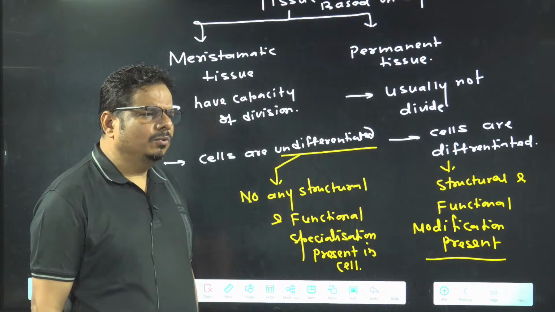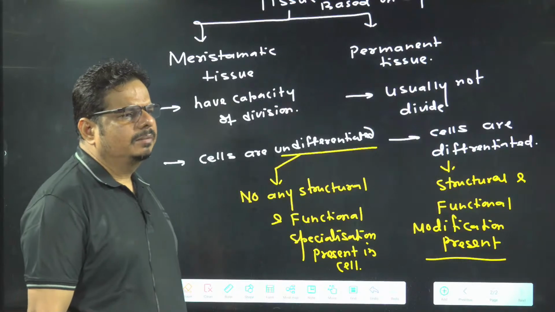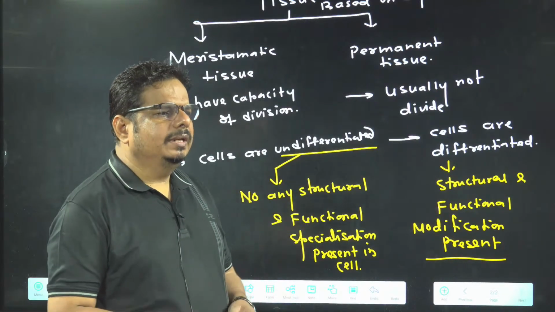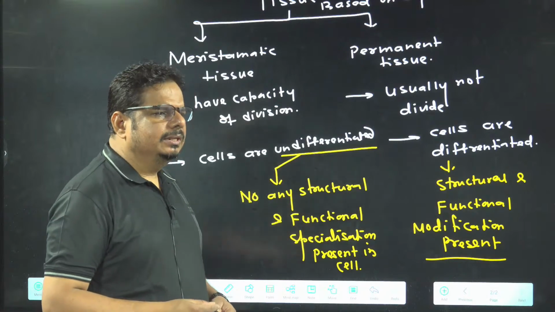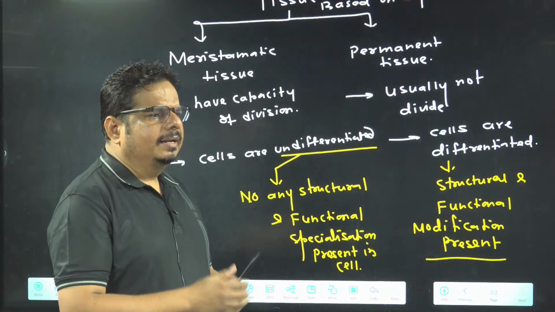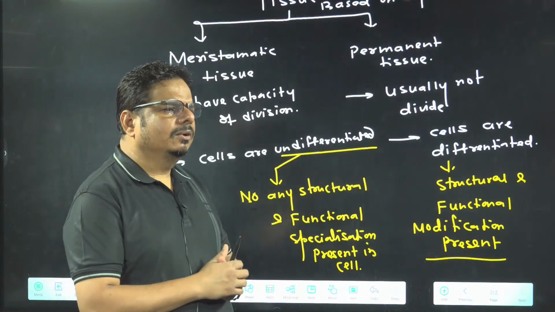Those that can divide, that have the power of division, are called meristematic tissue, right? Those that don't divide usually are permanent tissue. So these are the two types of tissue based on whether they have the capacity of division or not.